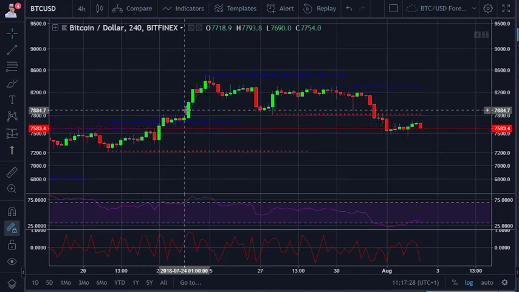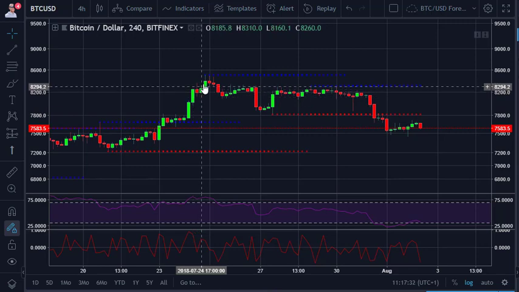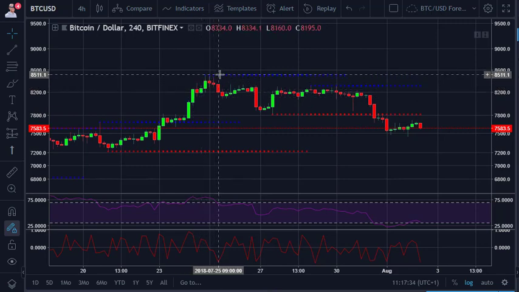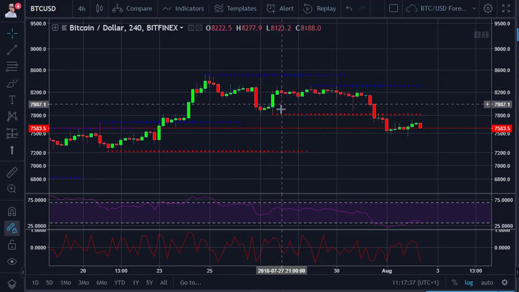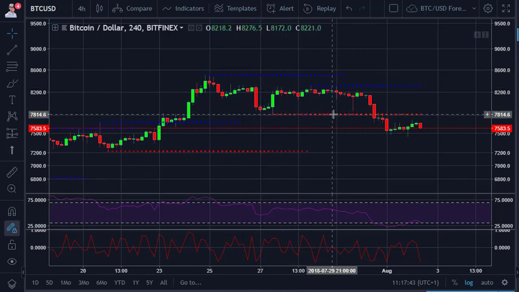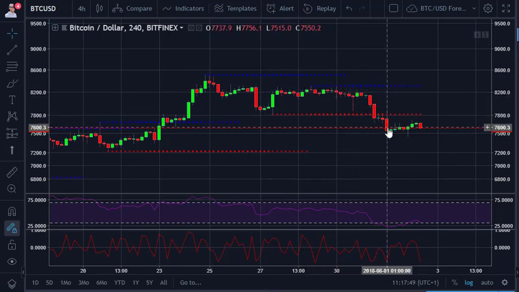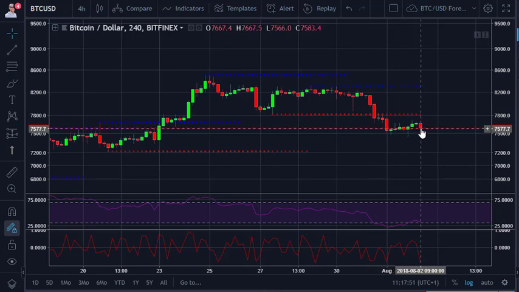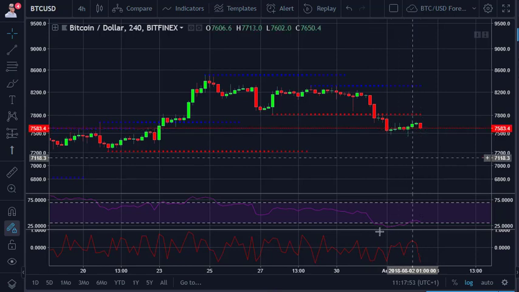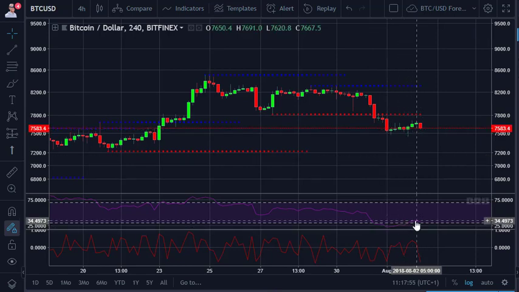So then we broke through that resistance line, and then it found another resistance line up there, and then it detected another support line. The resistance line then lowered, and we've currently broken through that support line, and the RSI is currently quite low. So you can use all the indicators at once to try to figure out what the price might do next.